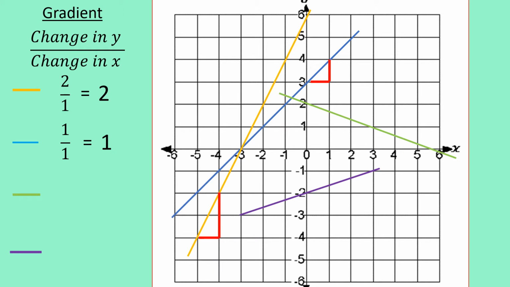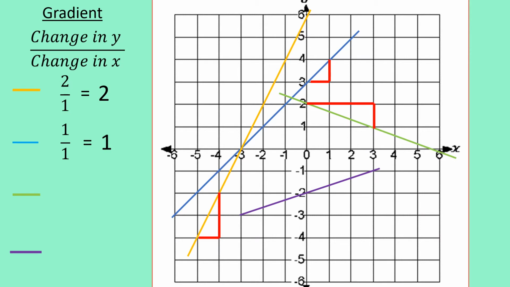Looking at the green line, we can see that it's in fact sloping in an opposite direction to the others. It is sloping from right to left. This tells us that it's going to be a negative gradient. But we still have a look at how much it's going to go across. When we are looking at straight line graphs, we always move in the positive direction on the x-axis. It's going 3 across and 1 down.